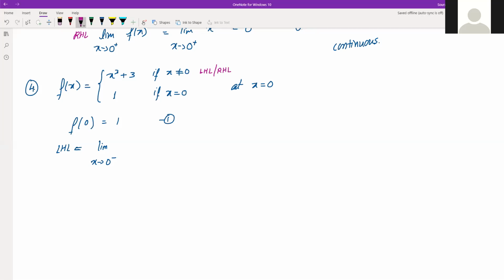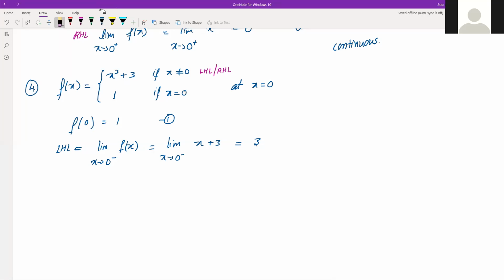So the limit of this function is x cube plus 3, which is equal to 3. This is a normal polynomial expression, so you simply put the value x equals 0 there and you get 0 cube plus 3.